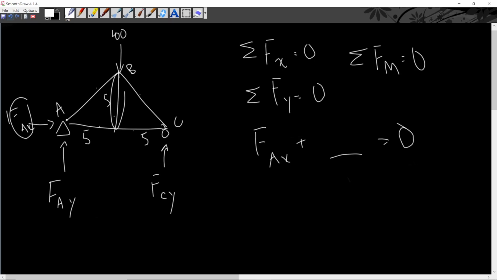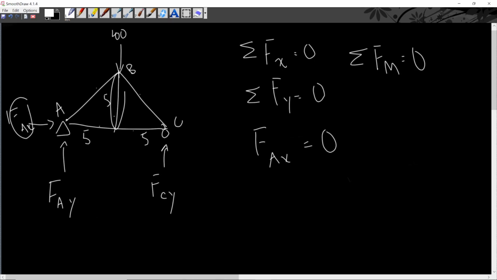But since there is only one force in the x direction, and the sum of our forces must equal 0 because this is a statically determinate truss, the only force in the x direction, FAX, will equal 0. Okay? That was pretty easy, right? We just saw that we need to sum up all of our forces to equal 0 because this is a statically determinate truss, and we only have one force in that direction.